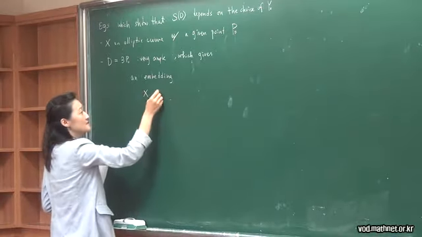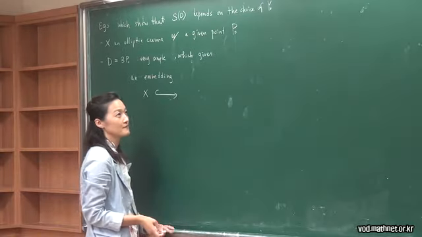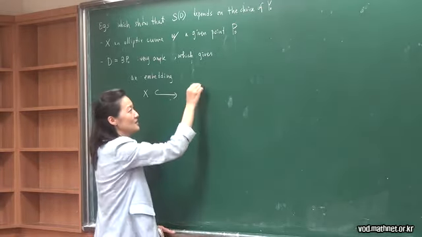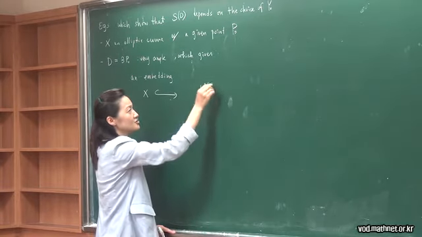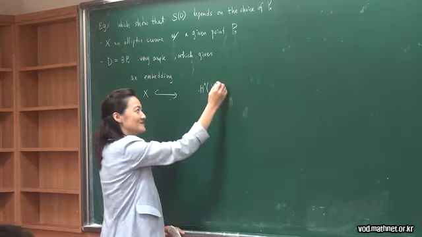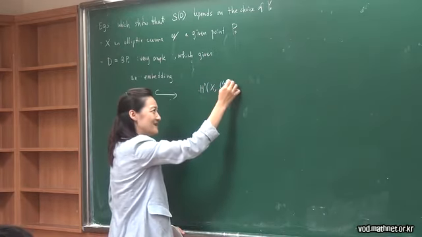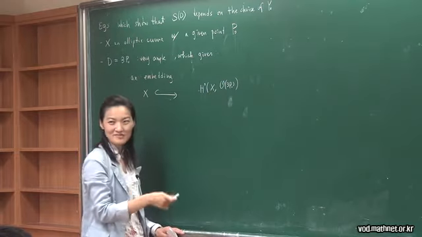So X is embedded into this. Okay. Let's slow down. So H naught of X. Some people put the line bundle corresponding to 3 P naught, or just put 3 P naught.